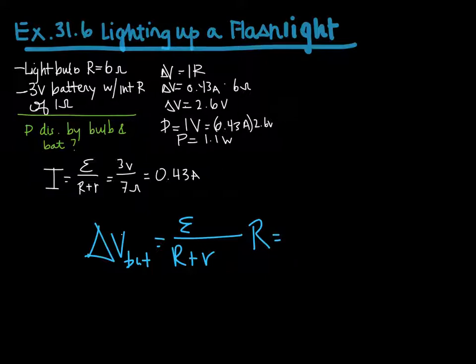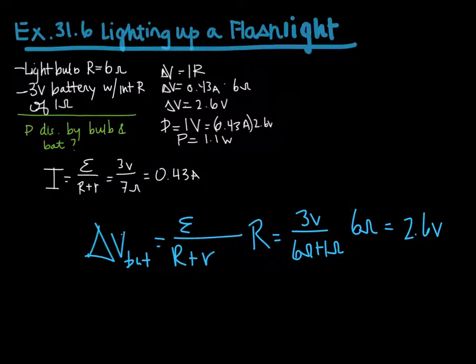So we end up with our 3 volts over 6 ohms plus 1 ohm, and then we have our 6 ohm resistor within the circuit. So we still get the same value as the potential that is across the resistor, which does make sense, of 2.6 volts.